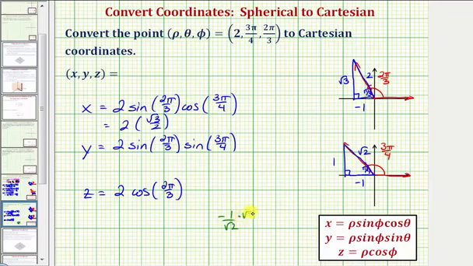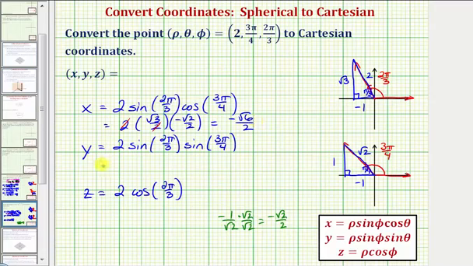But if we rationalize this, we should recognize this would be negative √2/2. Let's go ahead and use the cosine function value in this form. So we have negative √2/2. Simplifying before we multiply, 2 divided by 2 simplifies to 1. So x is equal to negative √6/2.